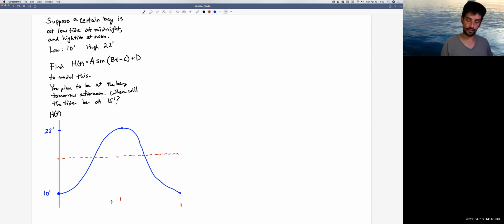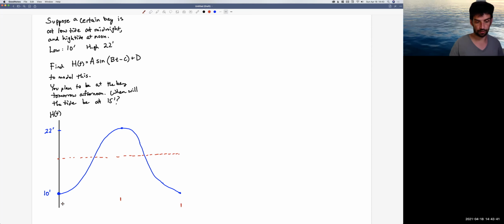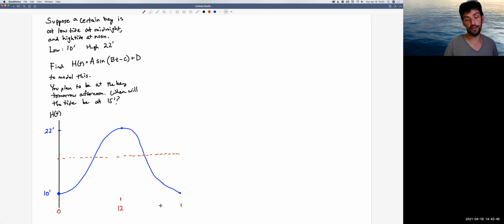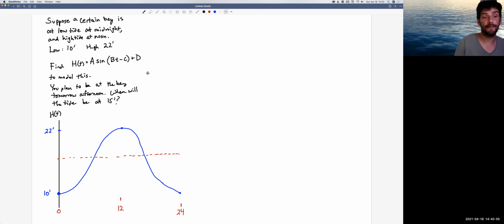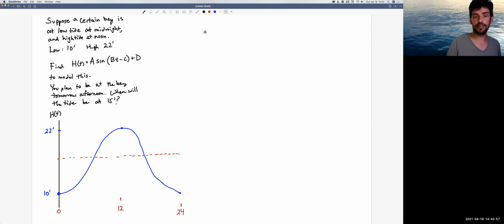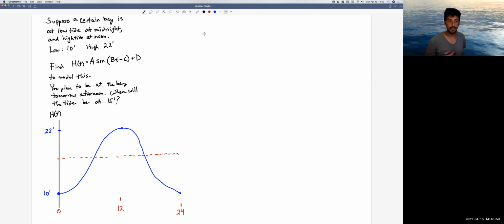It isn't really there. It's down below us. I can just use this space down here. This is hour 0. This would be halfway through at noon. And then we're back to 24. Okay, so there's our picture. So what we want to do is find this function. Okay, so let's just go through. We've got our constants.